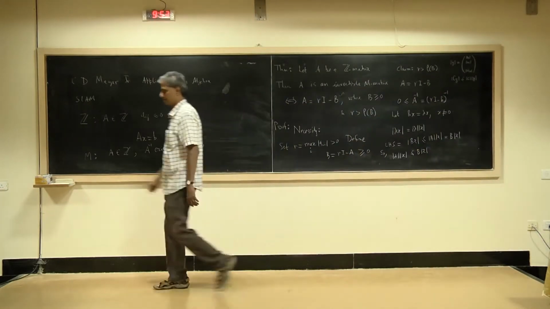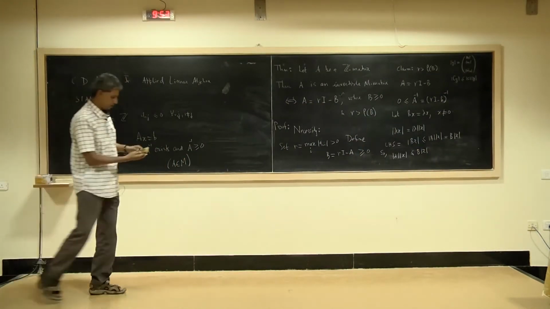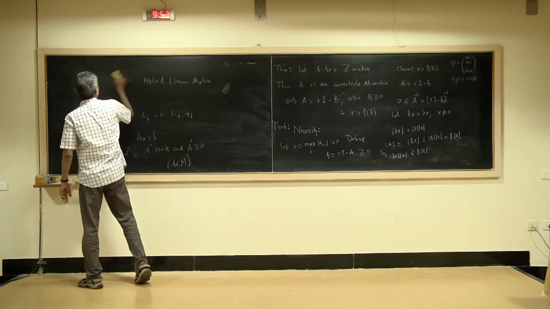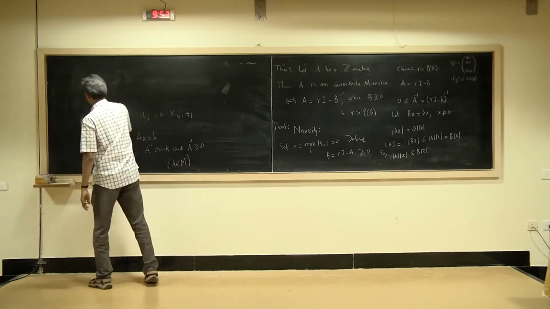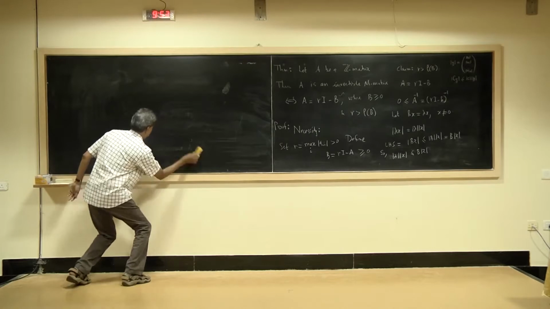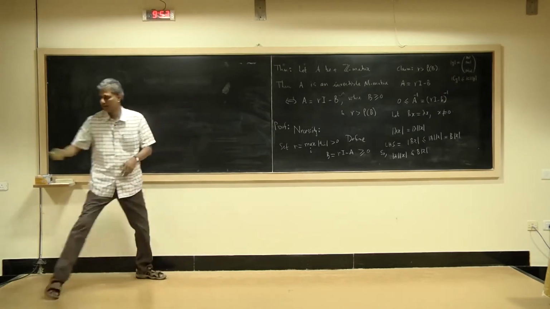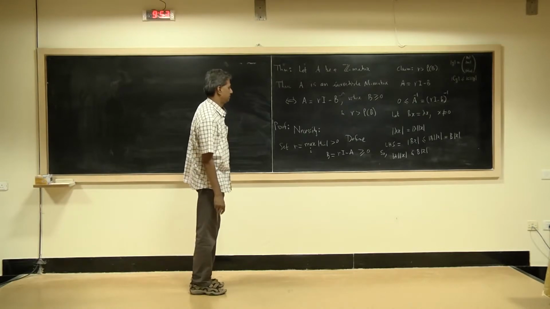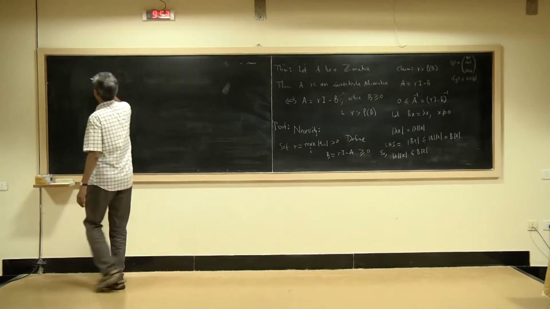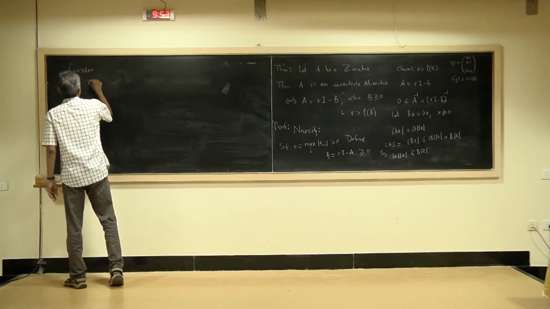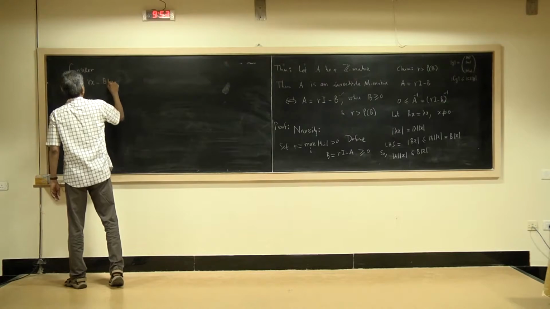So let's use this to show that R is strictly greater than the modulus of lambda. So that's a claim. We show that R is greater than mod lambda. Okay, to start with, R mod x minus B mod x.